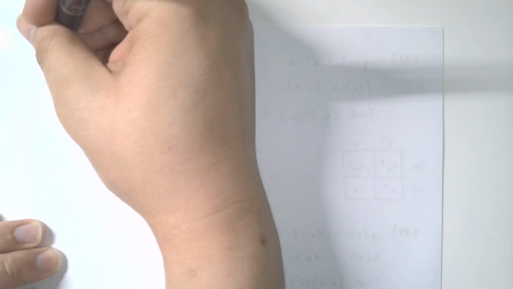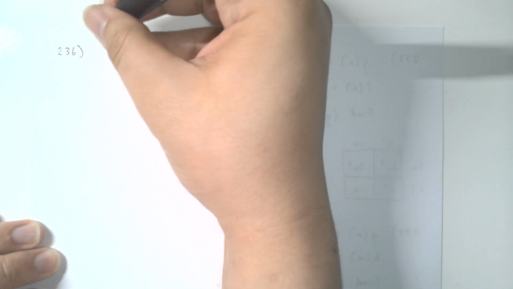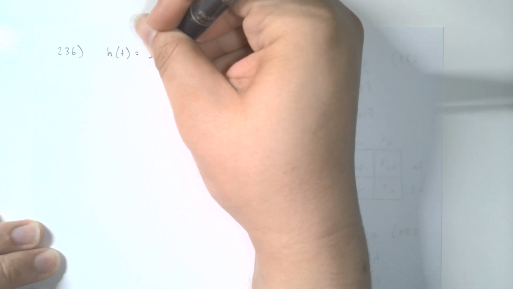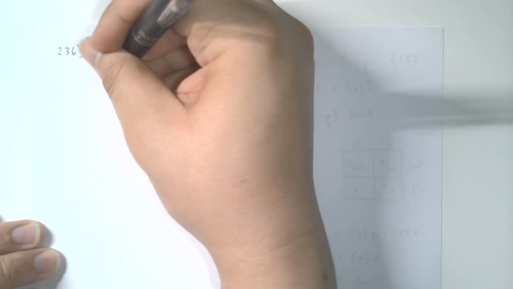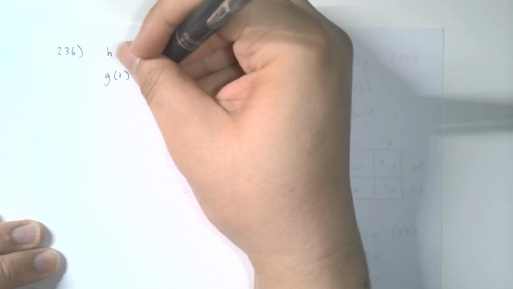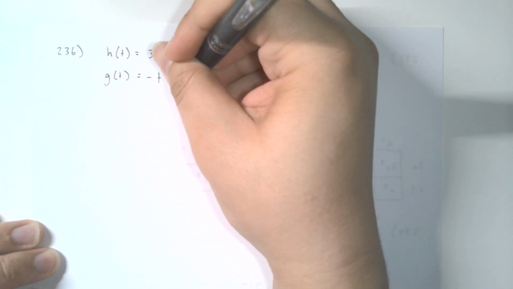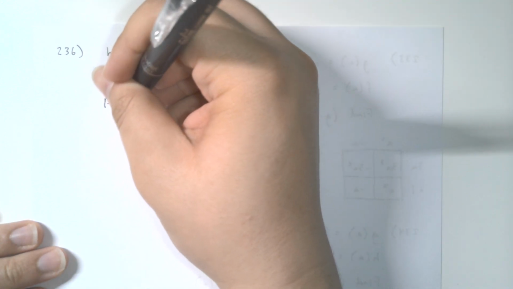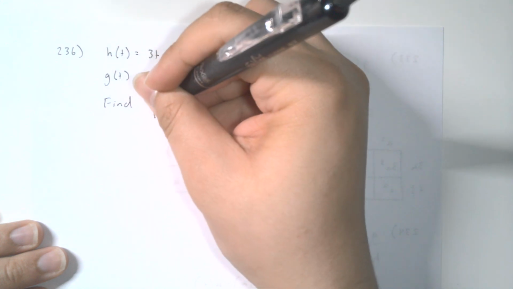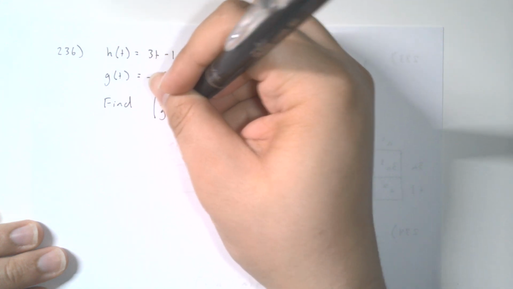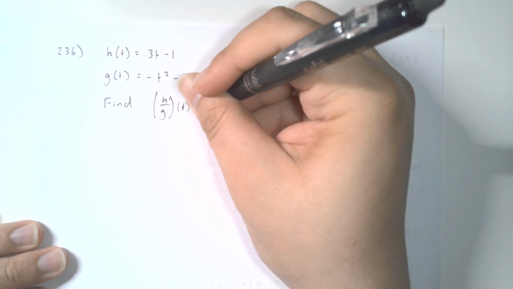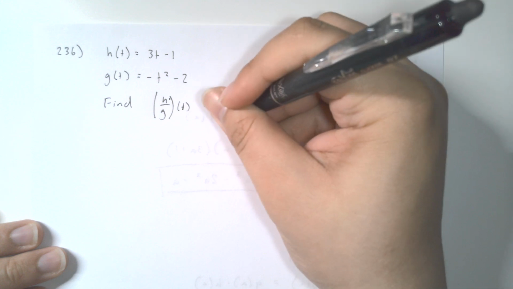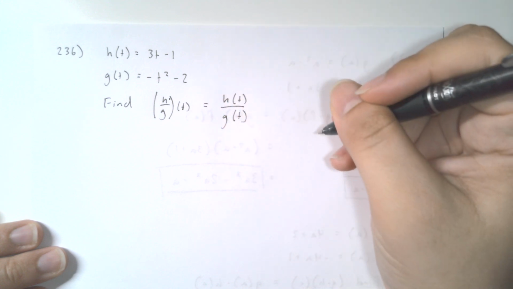All right, let's look at number 236. Number 236, we have h of t is equal to 3t minus 1, and we have g of t is equal to negative t squared minus 2. We want to find h over g of t, and we just have to recall that that is equal to h of t over g of t.